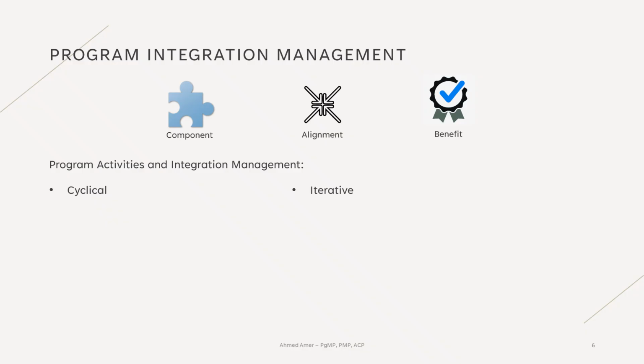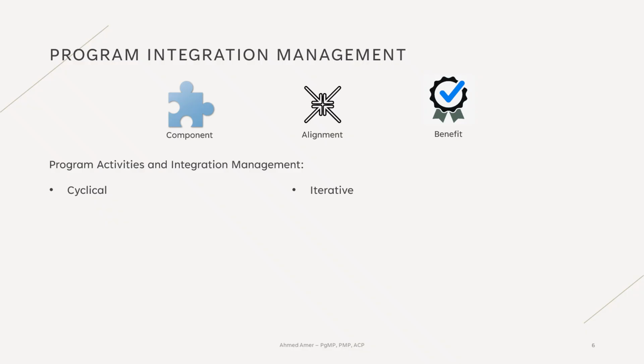It's safe to say that program integration management is the core activity that occurs across the entire program lifecycle. It includes the activities needed to identify, define, combine, unify, and coordinate multiple components into the program. Take a step back and let's remember that a program is composed of multiple related projects, subsidiary programs, and program activities.